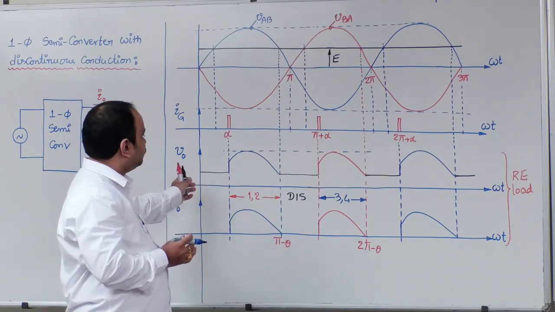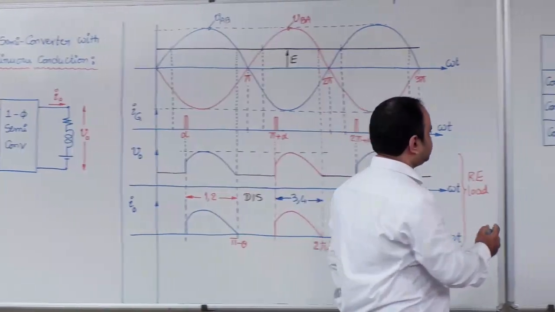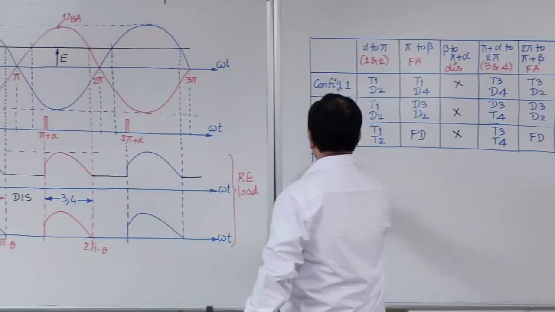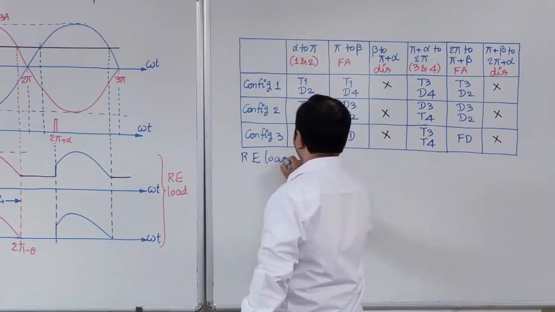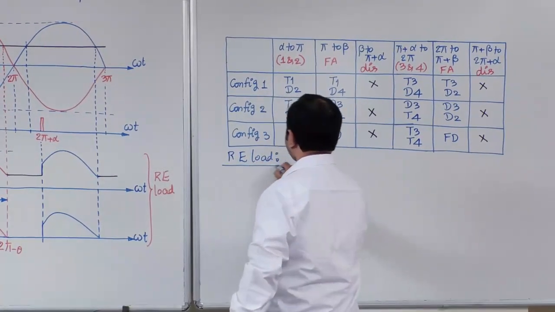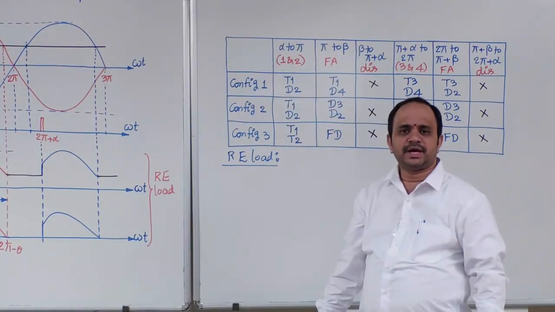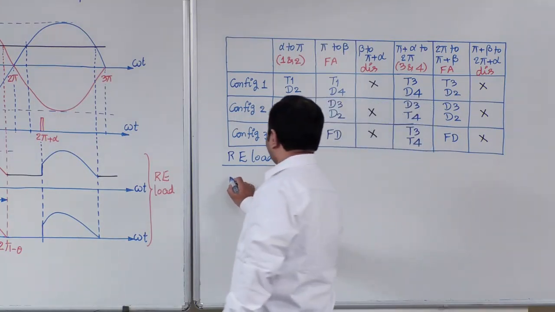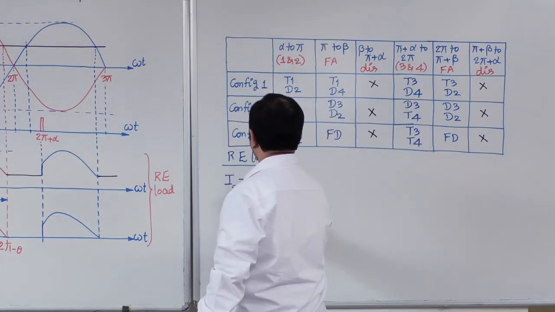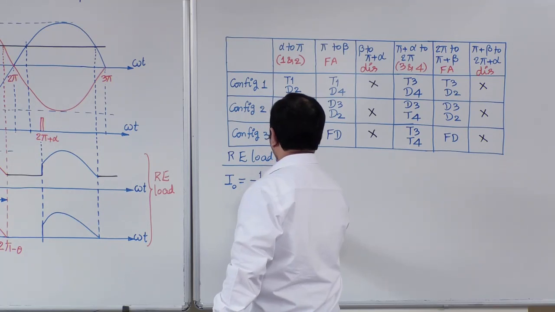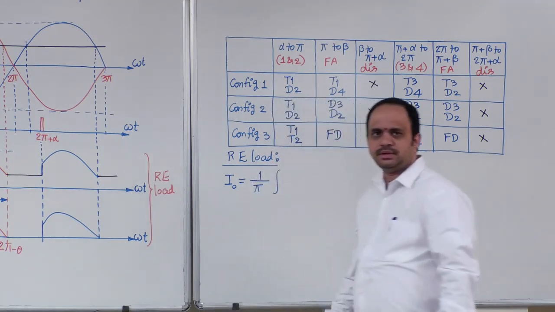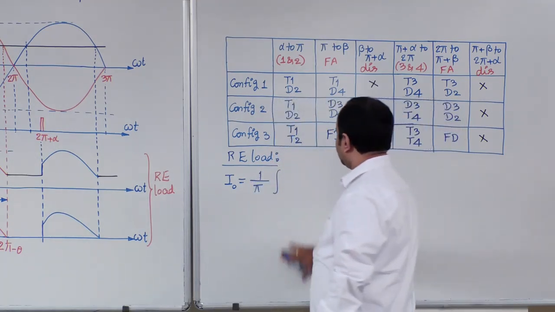With this I0 waveform, if we look into the average output current expression, what will we get? I0 is equal to 1 by periodicity.